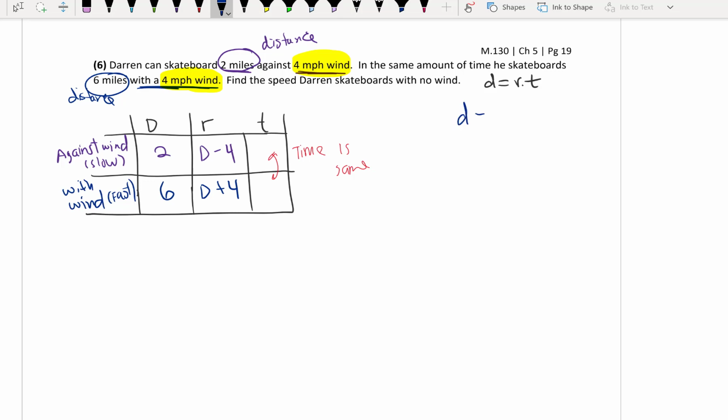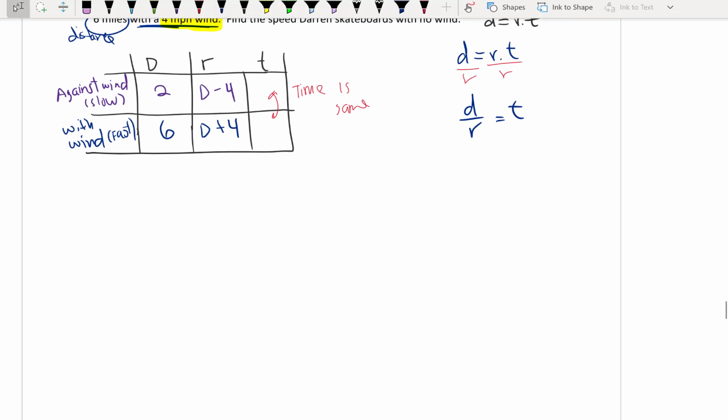So I know that distance is equal to rate times time. So the only thing I don't know is time. So to get time by itself, I'm going to divide by r. So distance divided by r is equal to my time. So in that first equation, I have that 2 is equal to d minus 4 times my time.